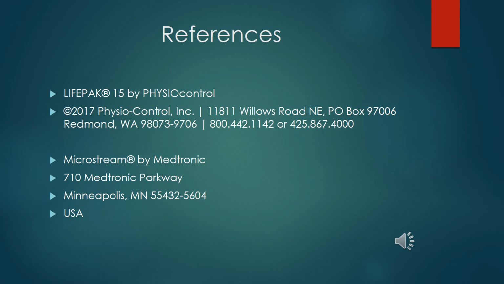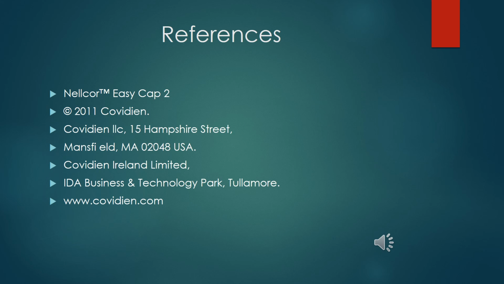The product we use for these presentations, the LifePak 15, is made by Physio-Control. The MicroStream technology is a Medtronic product. The Nellcor EasyCap 2 is made by Nellcor, which is owned by Covidien.